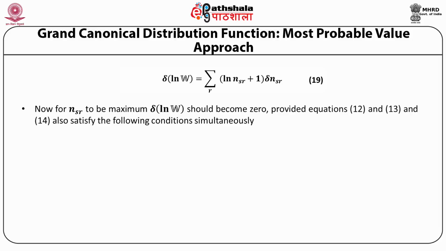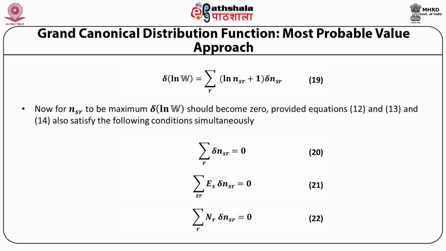Now for W to be maximum, delta log of W should become 0, provided equations 12, 13 and 14 also satisfy the following conditions simultaneously. That is, summation over s, r of delta n_sr is equal to 0, summation over s, r of E_s delta n_sr is equal to 0, summation over s, r of n_r delta n_sr is equal to 0.